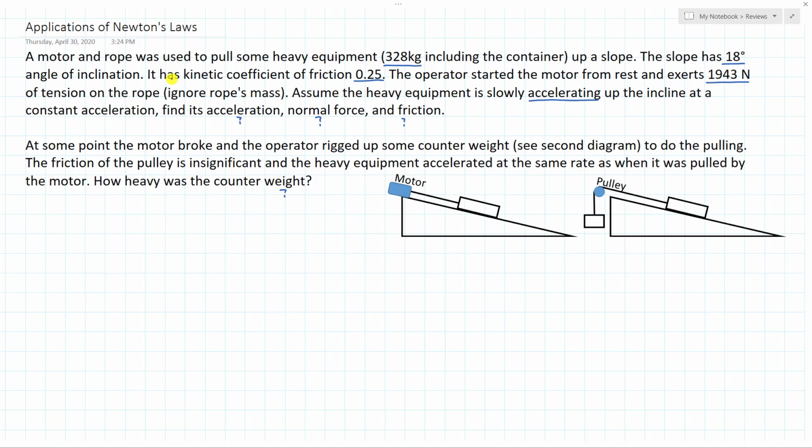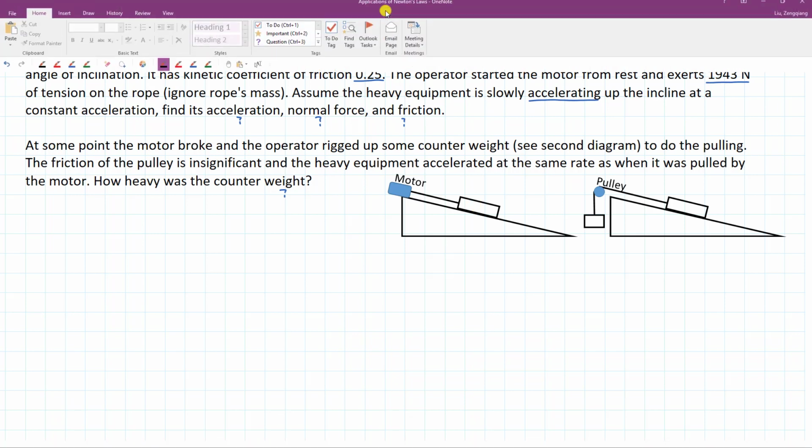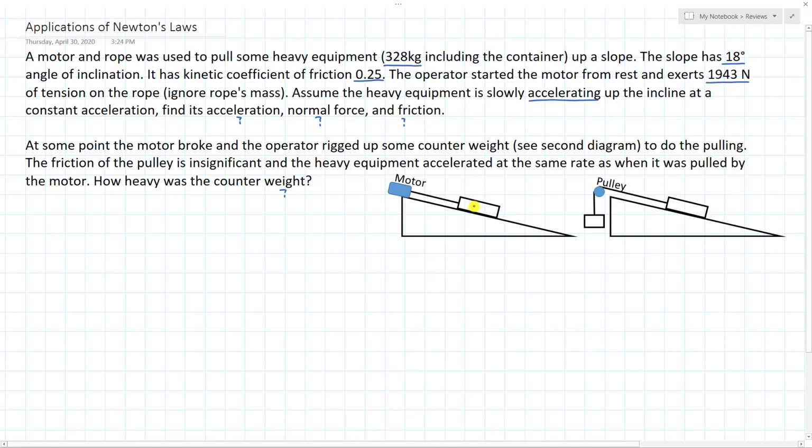So let's try to draw this right on the body. So we have gravity pulling down, so Fg or W, depending on your notation, and there's also normal force from the inclined plane pushing the heavy equipment away.